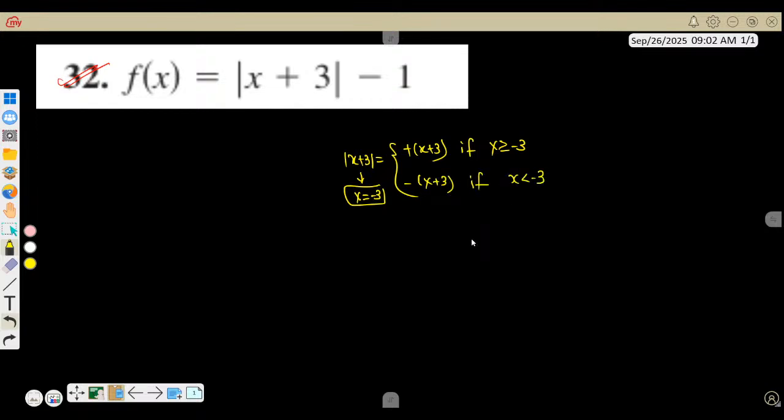You are getting my point? Yeah. But the function is not only this. Function is -1. You have to subtract 1 from this. So -1, -1, and -1 here.